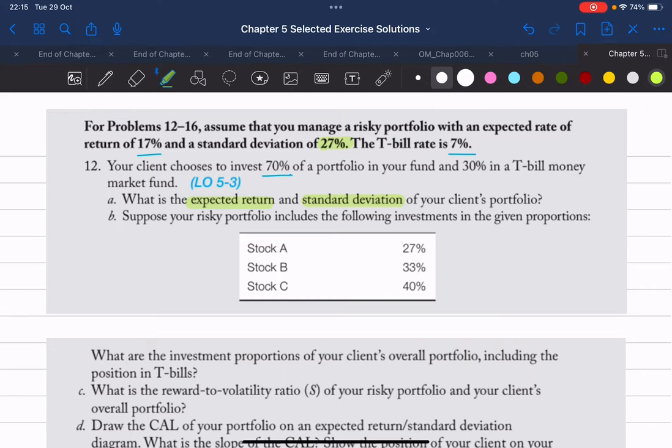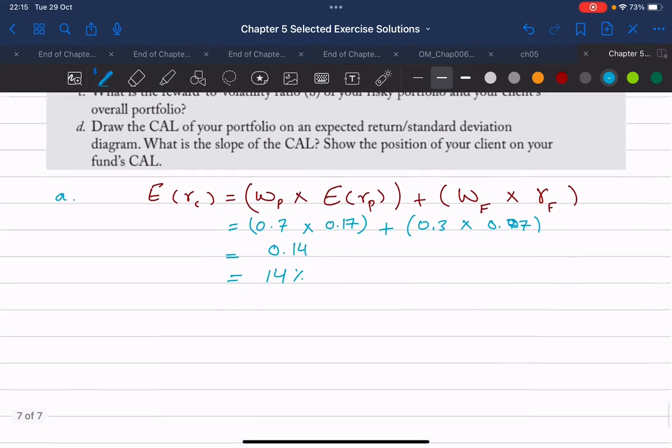But there's nothing in the question that tells us the standard deviation on the treasury bill, right? But because the treasury bill is considered a risk-free asset, we assume that the standard deviation of any risk-free asset is 0%.